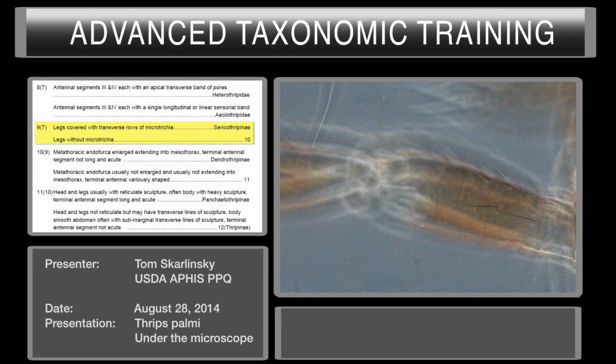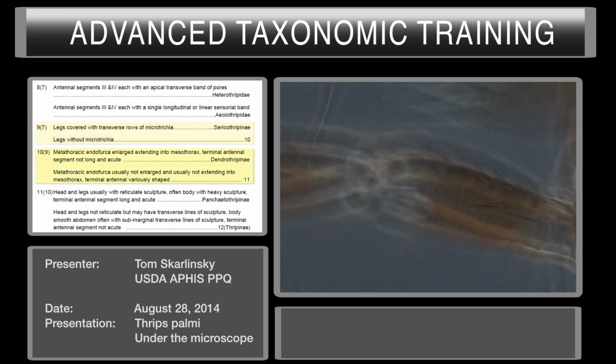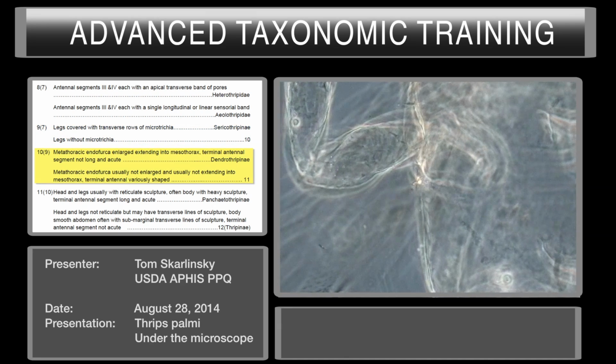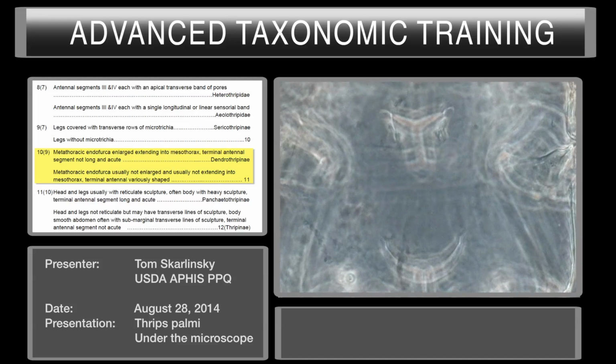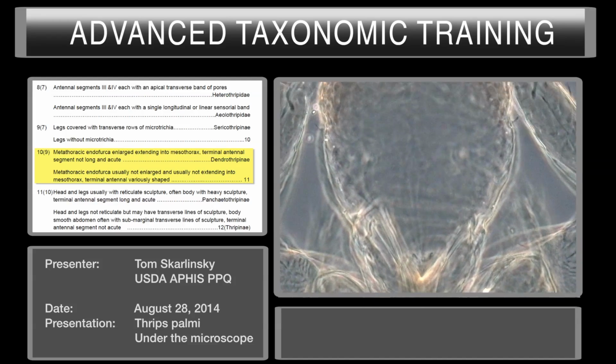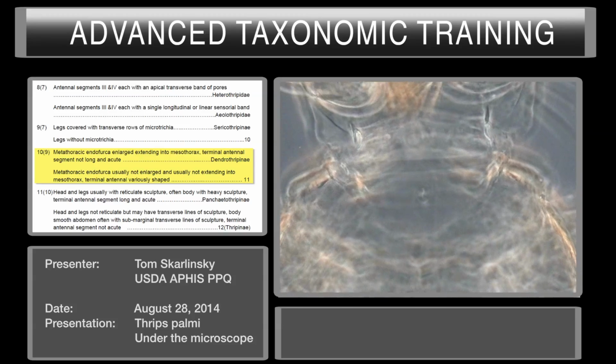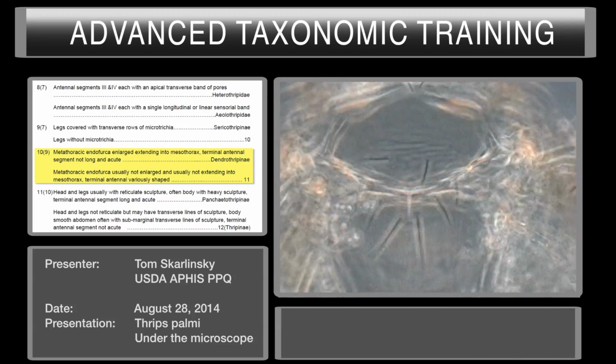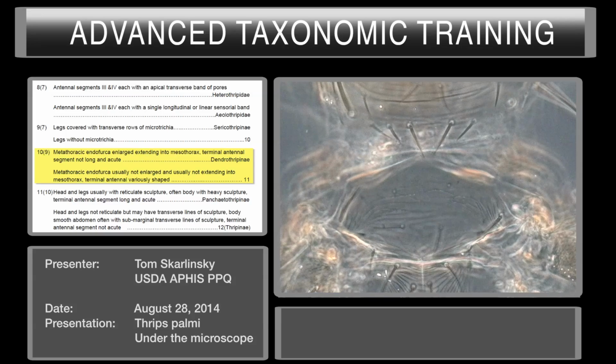So let's proceed then to the next couplet, the metathoracic endofurca. And we're almost there. So just to give everybody an orientation, we've got the head, pronotum, and this area right here would be our mesonotum.